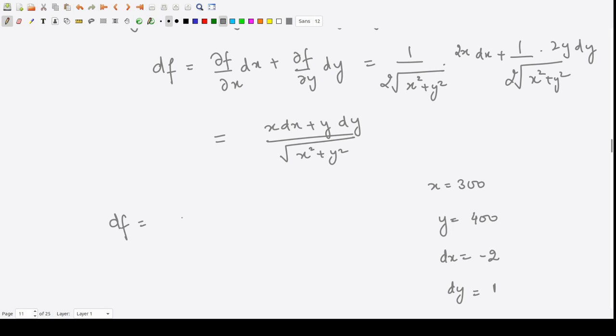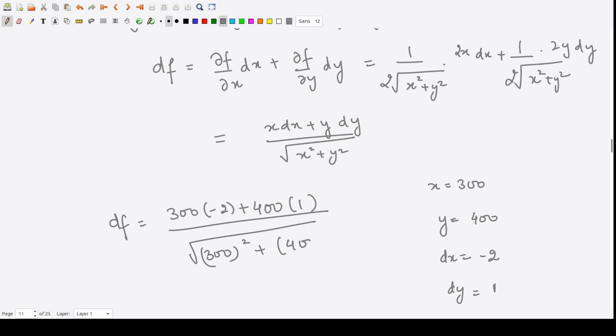Therefore your df becomes 300 into minus 2 plus 400 into 1 divided by square root of 300 square plus 400 square. So what is this answer? This comes out to be minus 0.4.